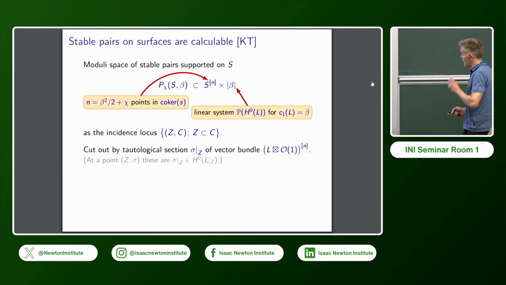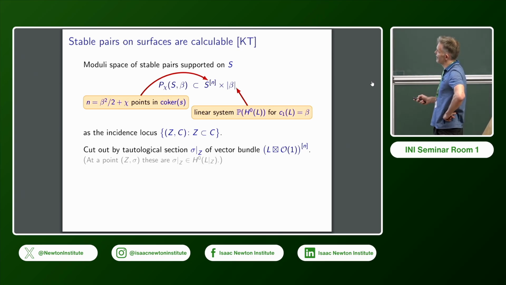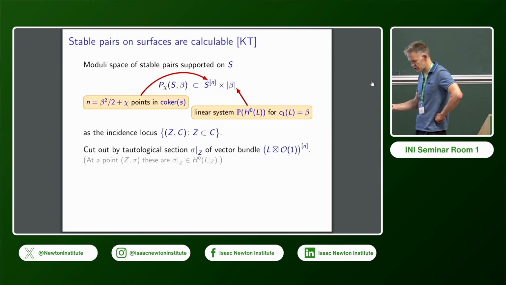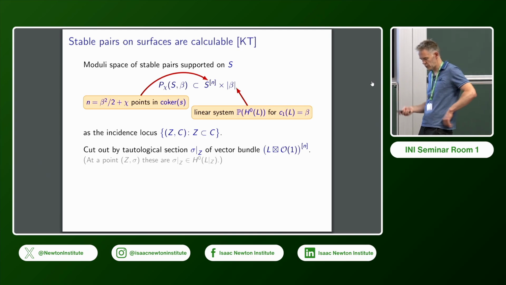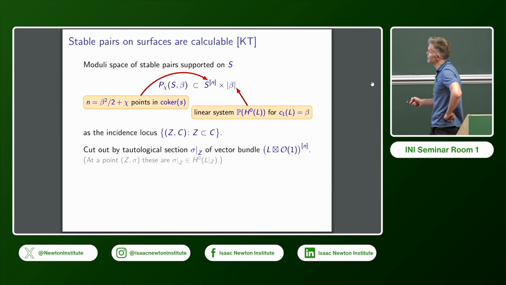All right? And so the two miracles: one miracle is that this stable pairs space, scheme theoretically, is this incidence locus. The other is that its obstruction theory, given to you by all this Vafa-Witten nonsense, is the obstruction theory you get by seeing it via this Kuranishi chart as being cut out by a section of a vector bundle.